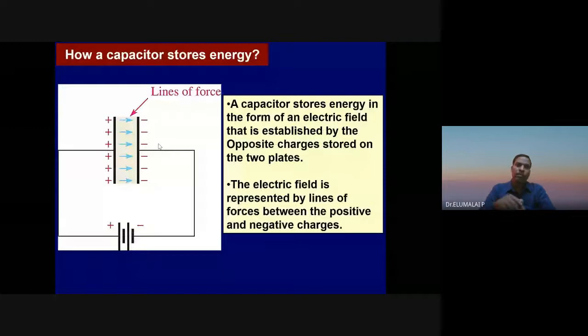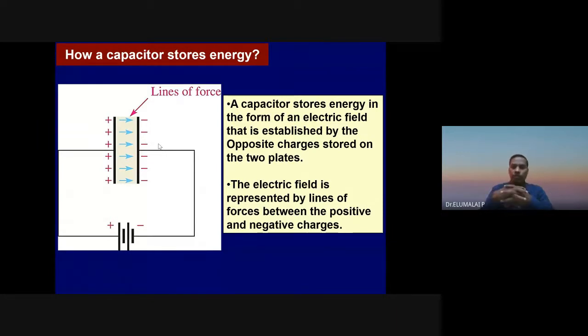What is the basis for this charge separation or holding of the charges? It's a simple electrostatic force of attraction. We know that similar charges oppose: positive, positive opposes; negative, negative opposes. But when we have positive and negative, there is an electrostatic force of attraction.